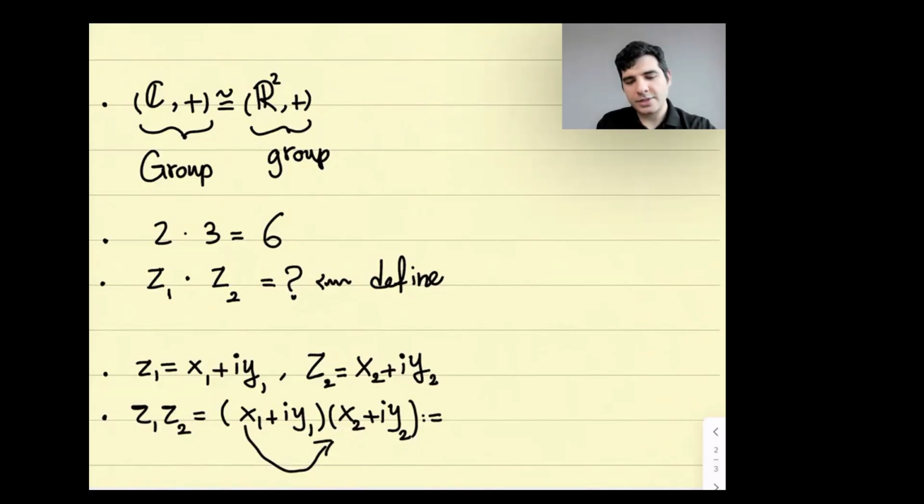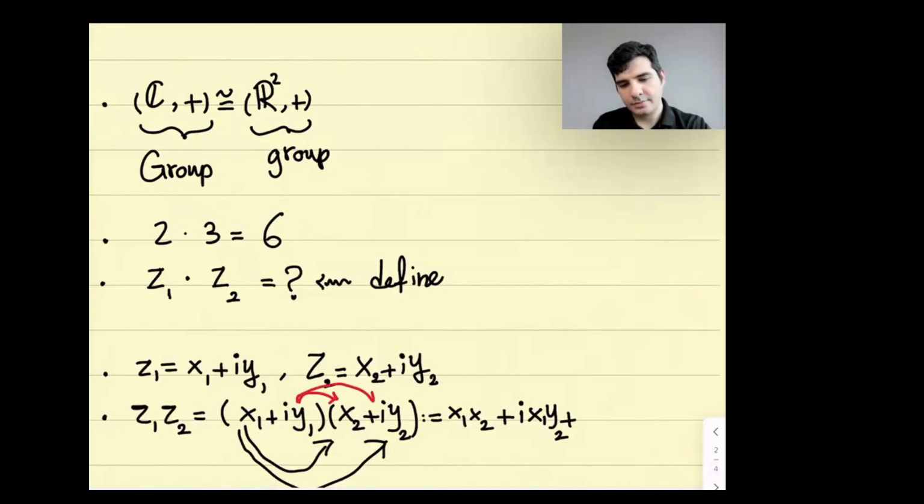We would have x1 x2, and then we would have x1 y2 times i. However, the order doesn't matter. Everything is commutative. So this is how we define it. So it would be i x1 y2. And then the next step would be considering i y1 x2. So we have i y1 x2 plus, and then we have i y1 i y2, but i squared is minus 1. So we get negative y1 y2.